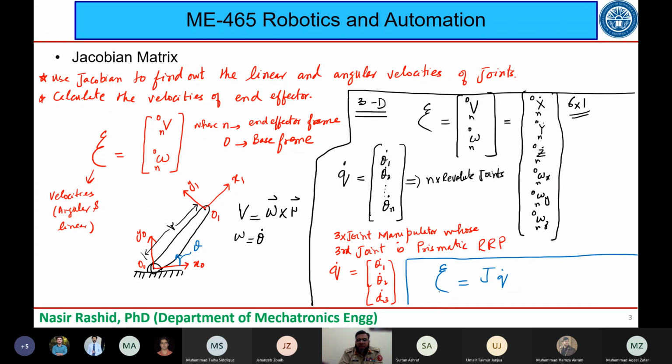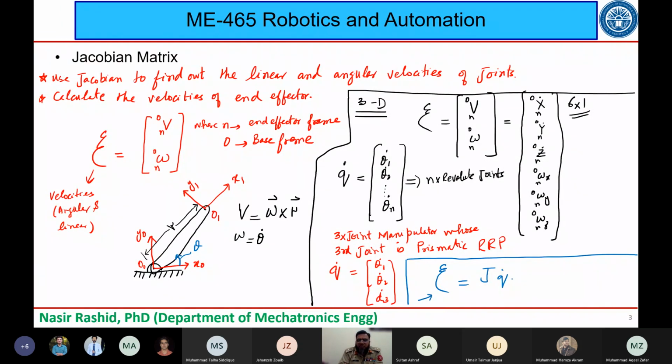I repeat. If we are given the joint velocities in terms of Q dot, multiplying this by a Jacobian matrix J, we are going to get the linear and angular velocities. This is what we are interested in, to find out chi.